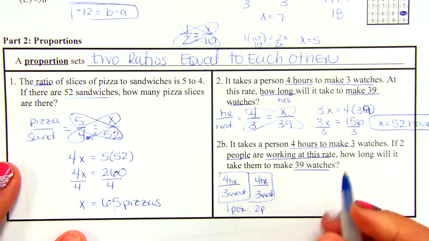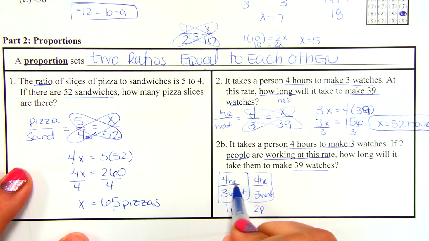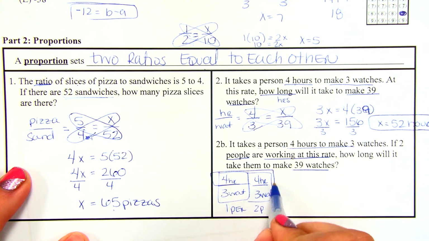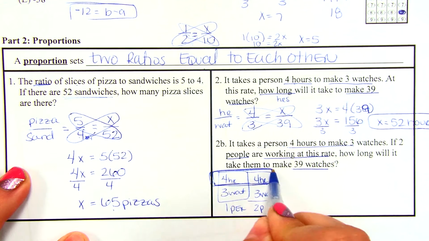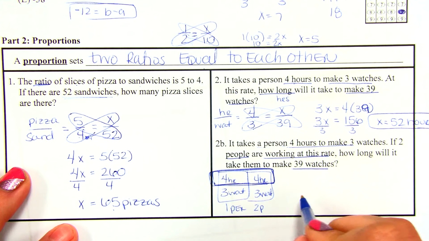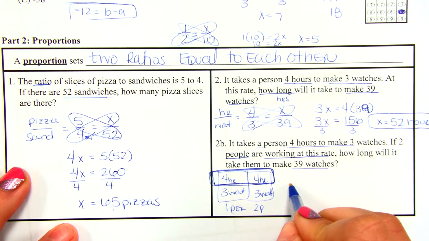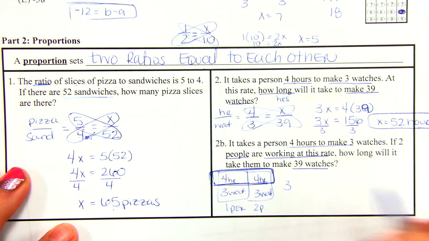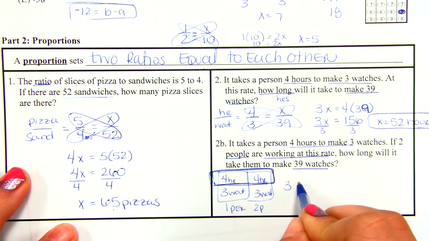And so what you want to think about is in one time span, so in one 4-hour period, if there are 2 people working, how many watches will they complete? During this 4-hour time span, person 1 makes 3 watches. Person 2 also makes 3 watches.